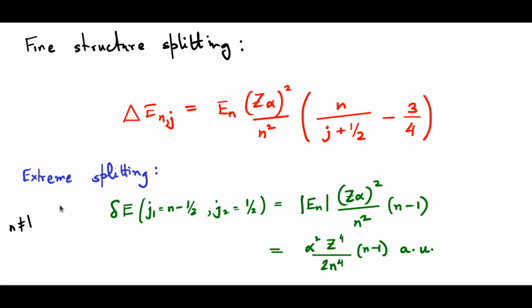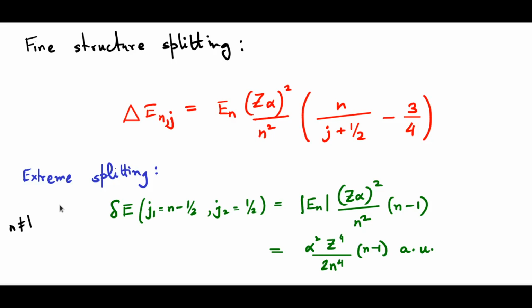An idea about how big the splitting is can be obtained by looking at the energy difference between the two levels which have been split by the largest amount, that is the one which has been shifted the most, the one for the smallest value of j, and the one which has been shifted the least, the one for the largest value of j. That means we have to look at the difference in this quantity delta E n j between j1 equals n minus half, the largest possible value j can take, and j2 equals half, which is of course the smallest value which j can take.